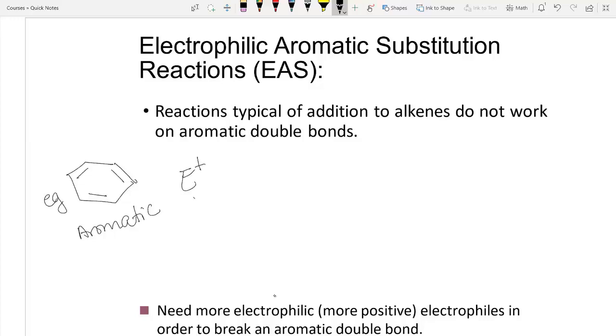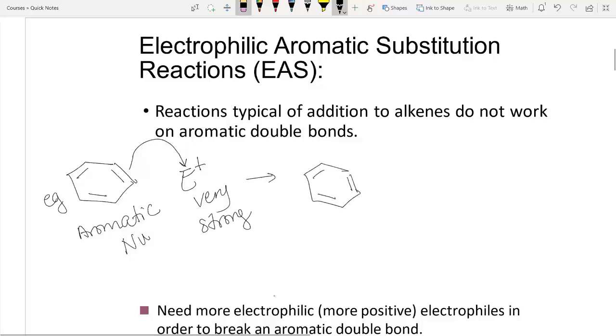We have to have a very strong electrophile, and we take that very strong electrophile and use the aromatic molecule as our nucleophile. We attack the electrophile, and what you'll notice is we're going to break this double bond in this case, putting our electrophile on the molecule. So it means there's a hydrogen still here.